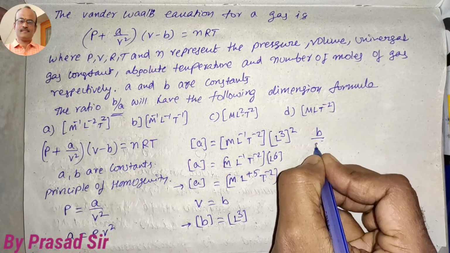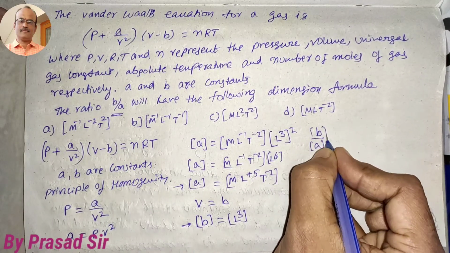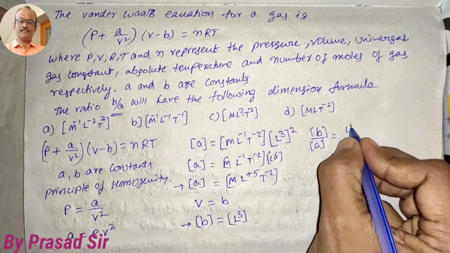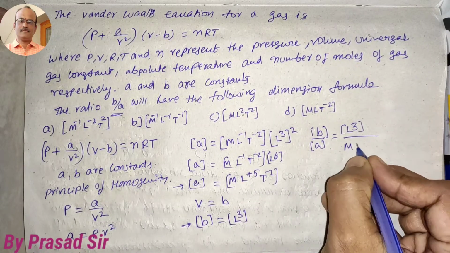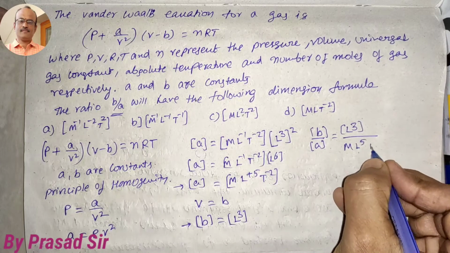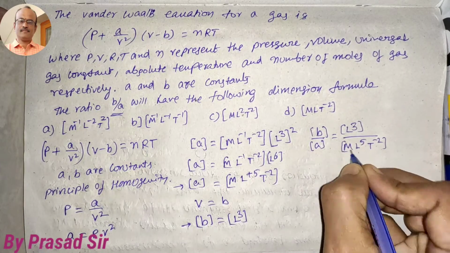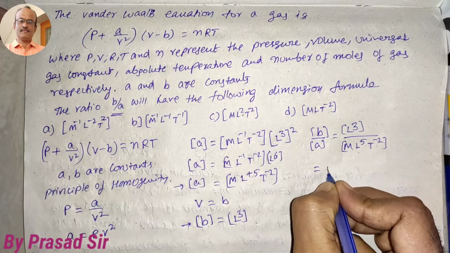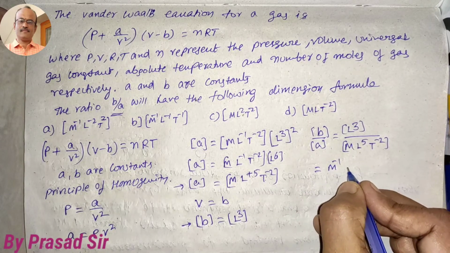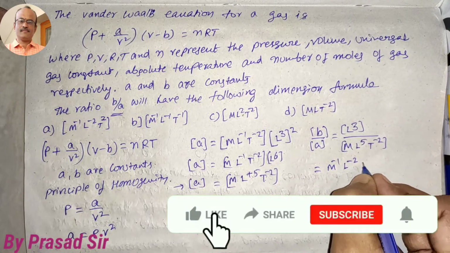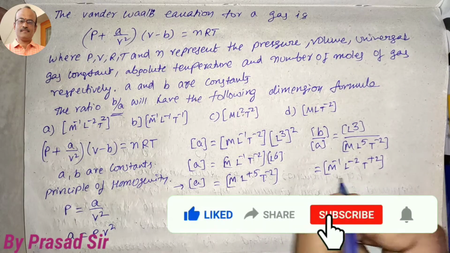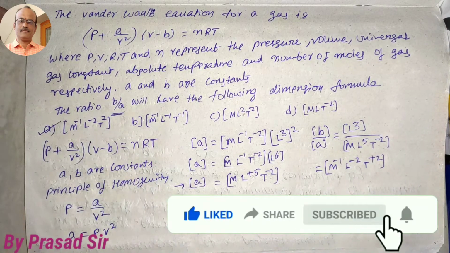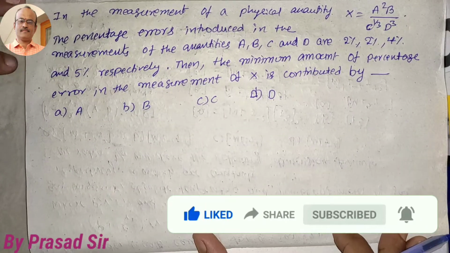So b by a is equal to L cubed divided by a, that is M L to the power of 5 and T to the power of minus 2. On simplification we get M to the power of minus 1, L to the power of minus 2 and T to the power of plus 2. So which option is correct here? Option A is correct.